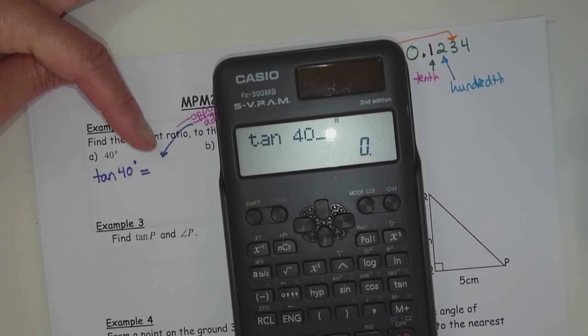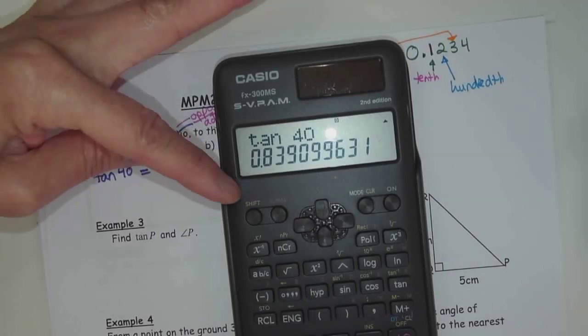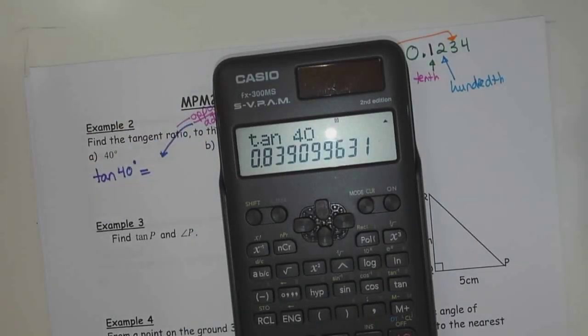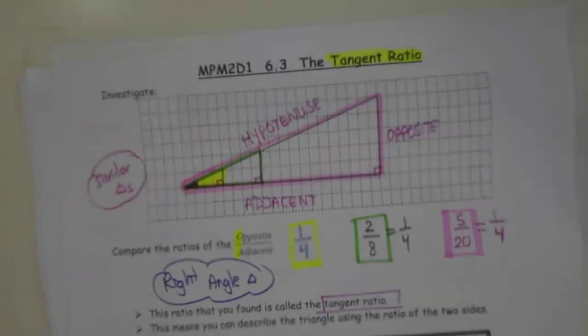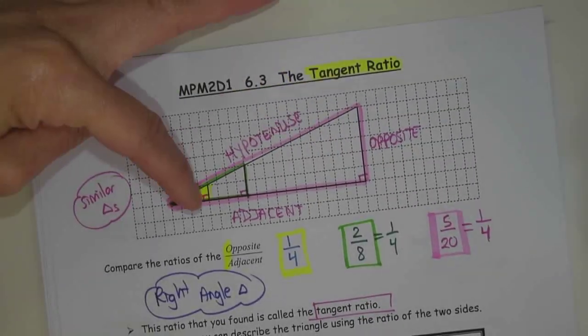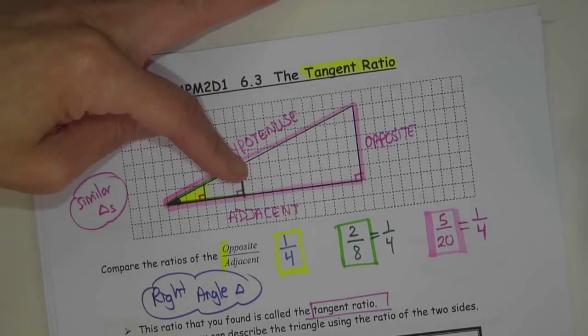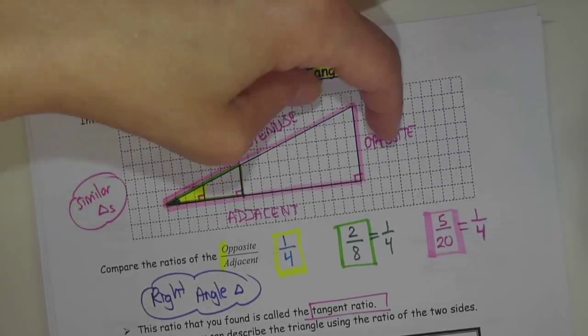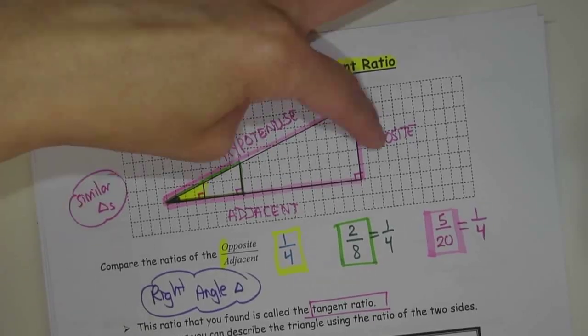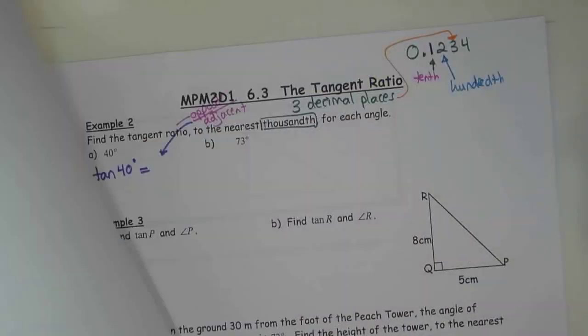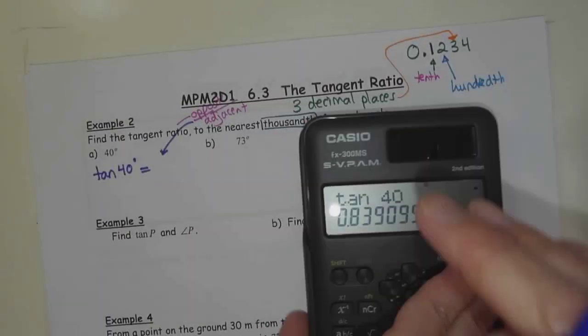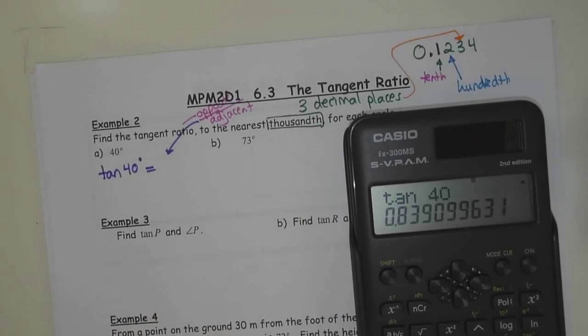It gives me the ratio 0.83. So that means when they drew this triangle, the ratio of the opposite to the adjacent is 0.83. So that could be 8 over 10, 16 over 20. Again, it's all programmed into your calculator already, so you don't have to look it up.